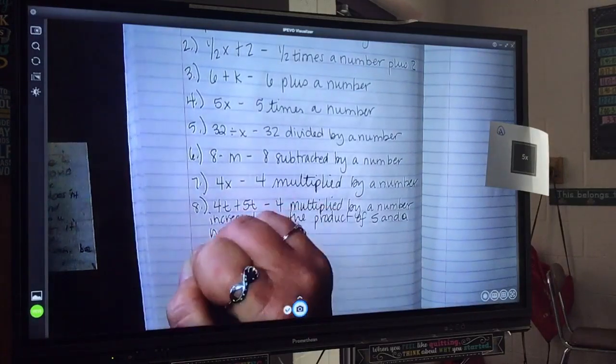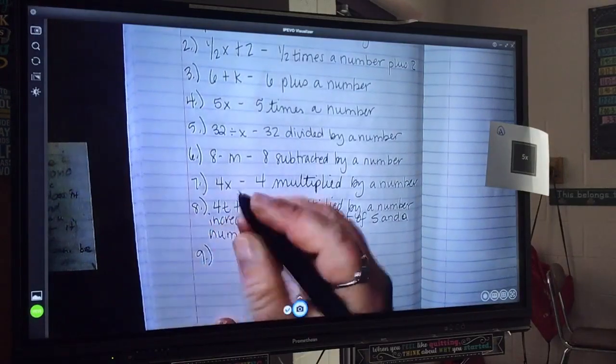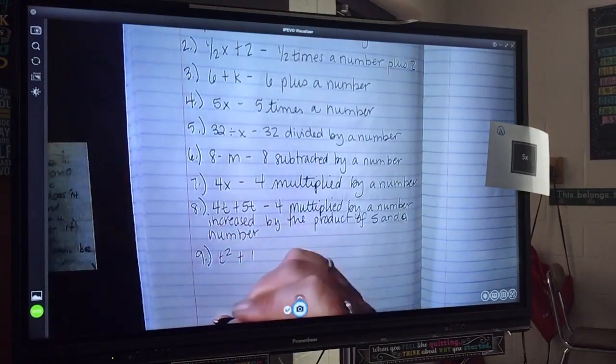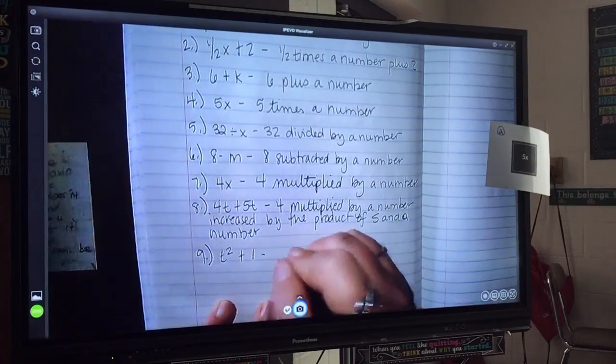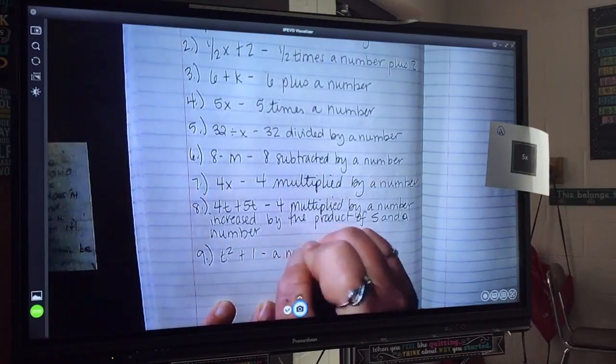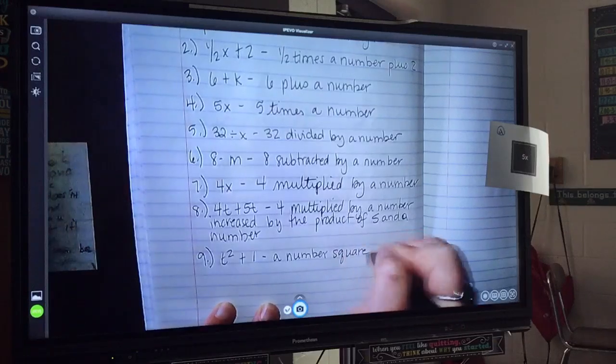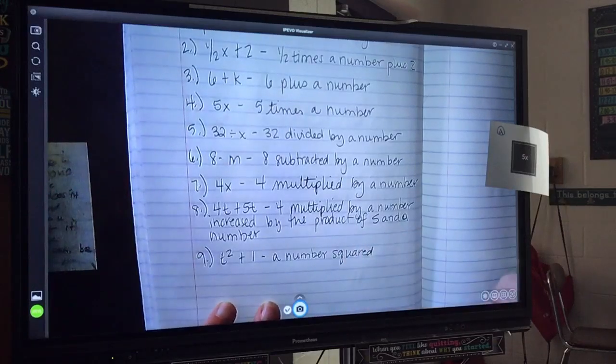Alright. Number 9 was t squared plus 1. Joseph. A number squared, a number squared. Number, the sum.